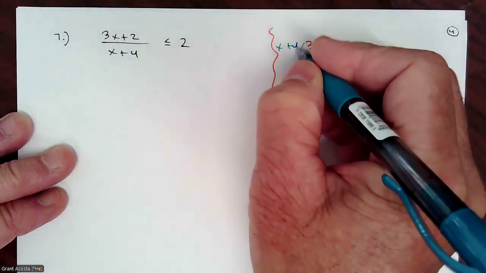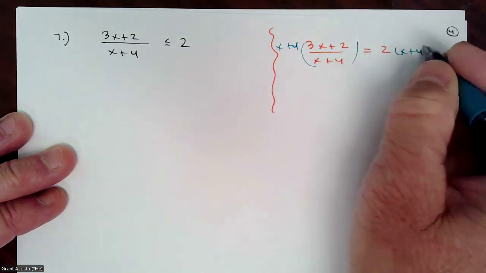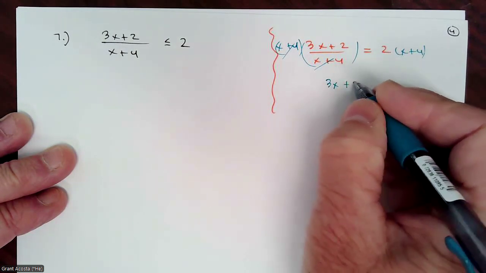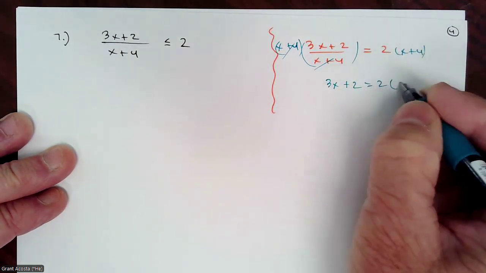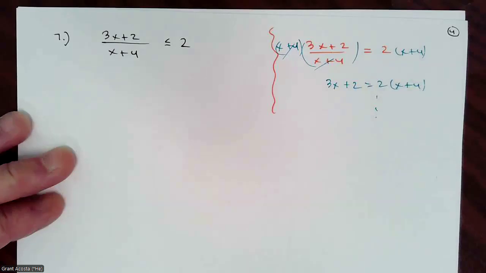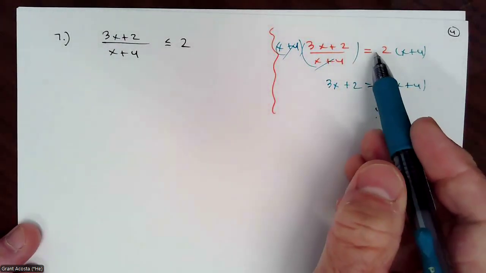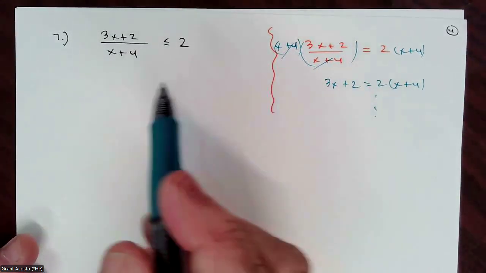I would go x plus 4 over here, x plus 4 over there. That would cancel out. I would have 3x plus 2 equals 2 times (x plus 4), and go forward and get an answer, okay? That's how you would do it if it was an equation, but inequalities are different.